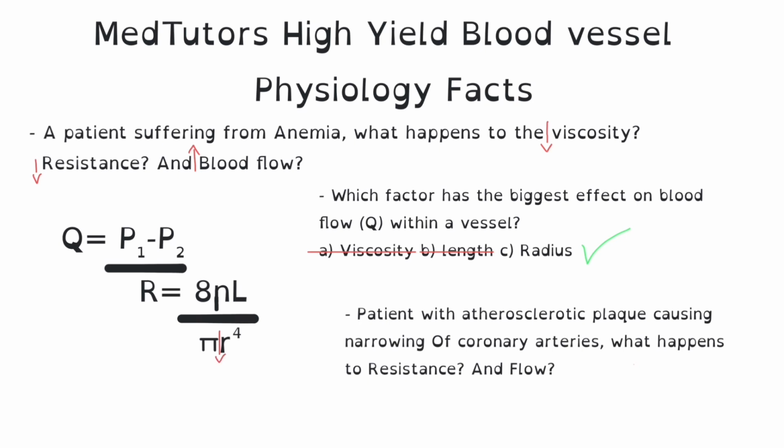They will have an increase in resistance, and therefore they're going to have a decrease in flow. Therefore, the tissue that's distal to this narrowing may be at risk of ischemia due to the decrease in flow.